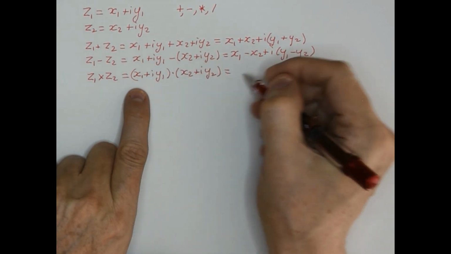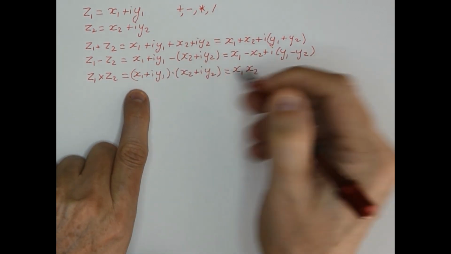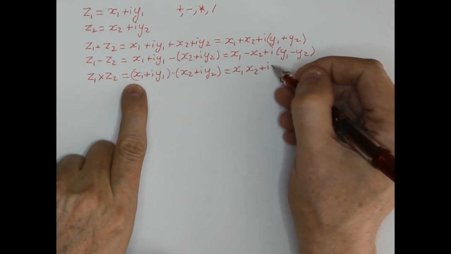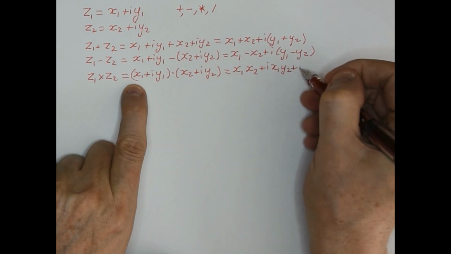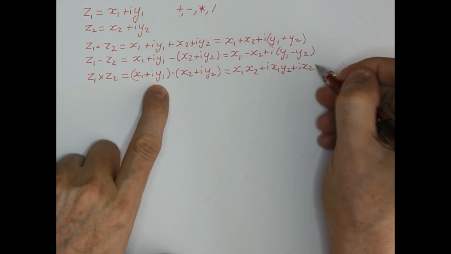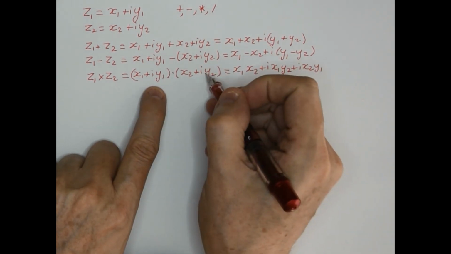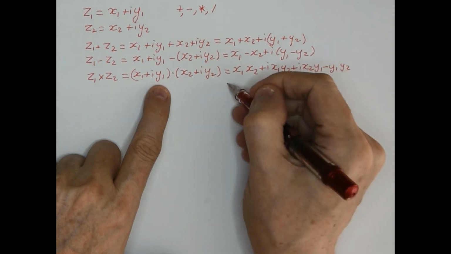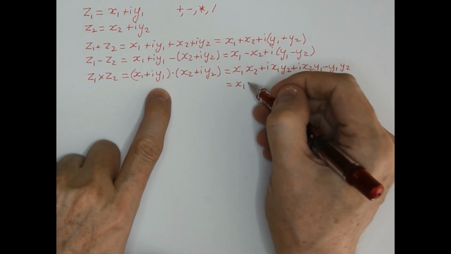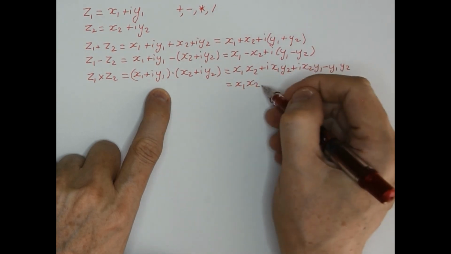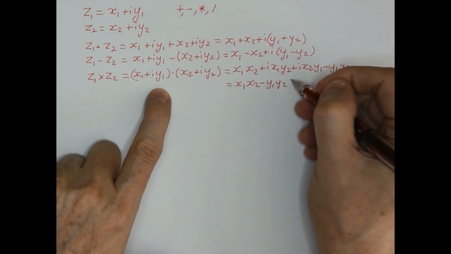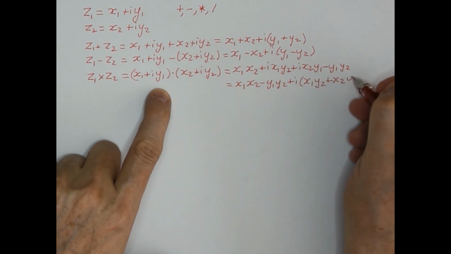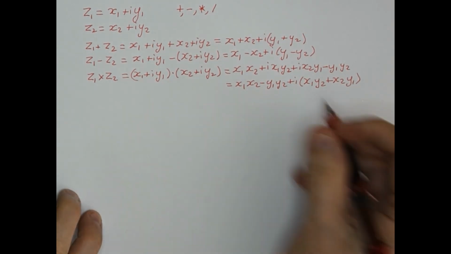Working it out, this gives you x1 x2 + i x1 y2 + i x2 y1 + i squared, which is minus 1, times y1 y2. Collecting the real and imaginary parts: (x1 x2 - y1 y2) + i (x1 y2 + x2 y1). And you see that that's a little bit more complex.